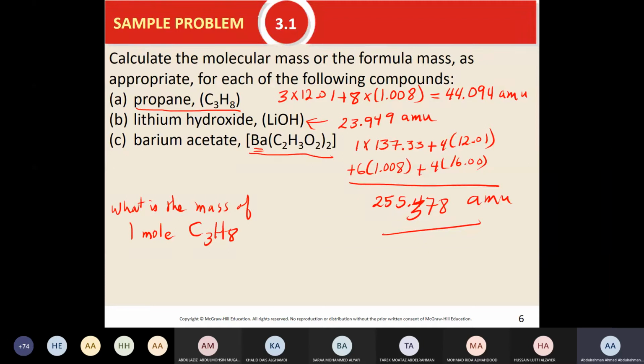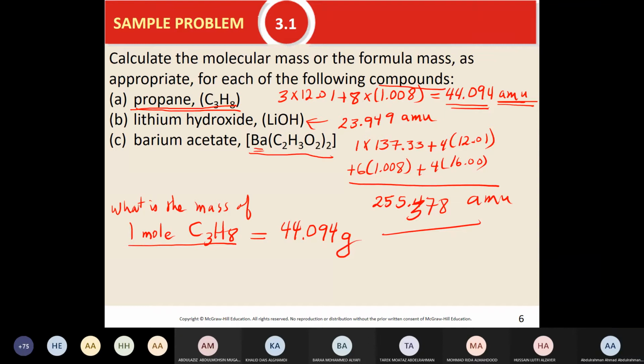Here I'm asking about a molecule, a compound. The answer is 44.094, which is this one. But the unit, instead of AMU, you should put what? Gram.